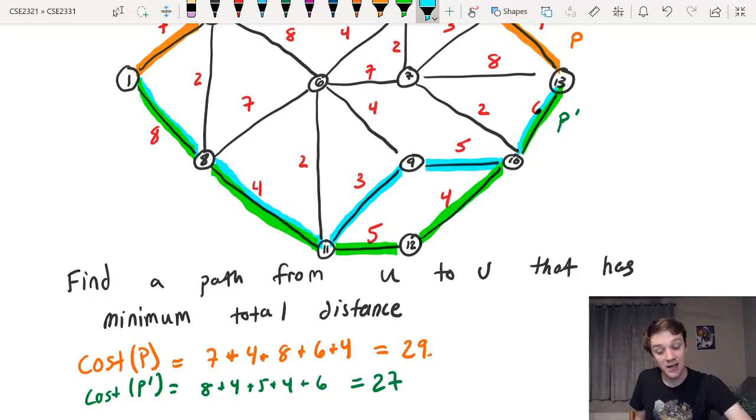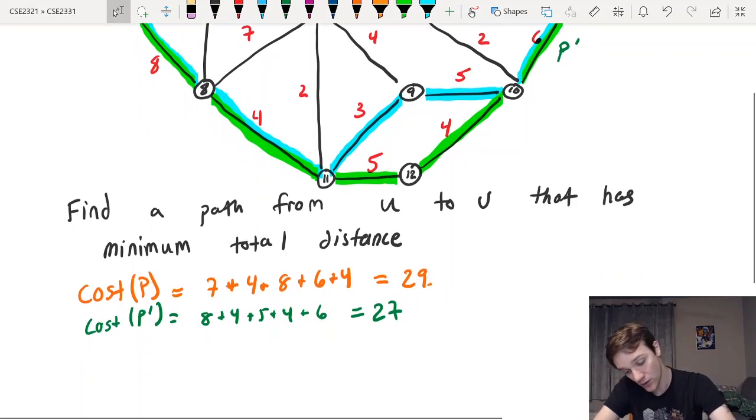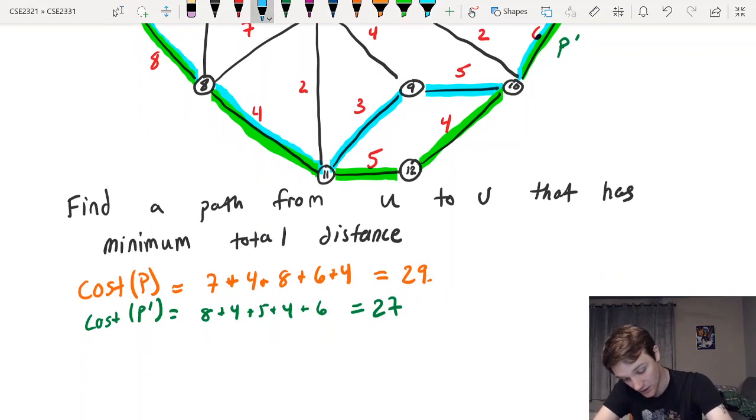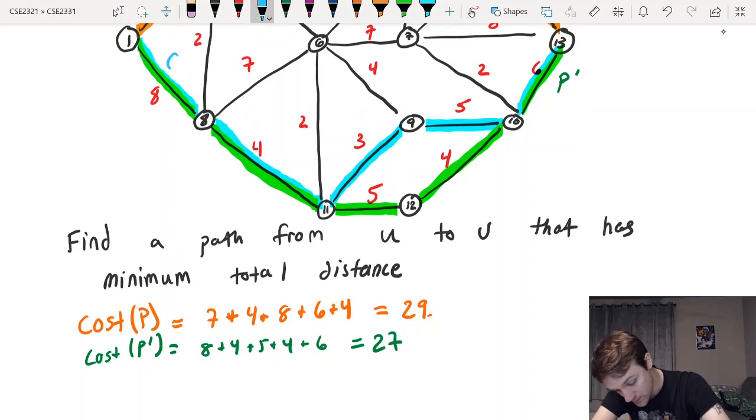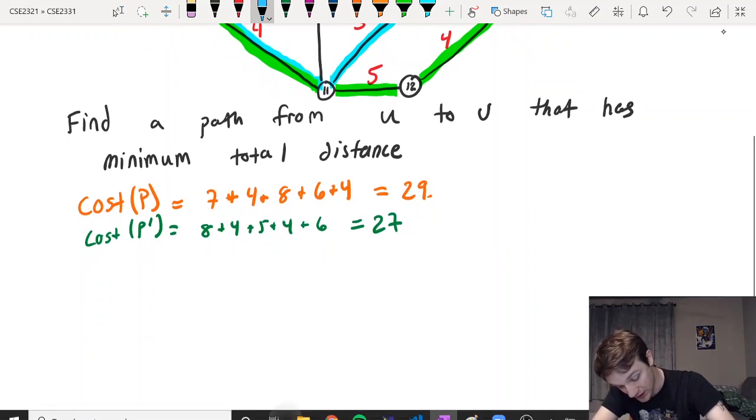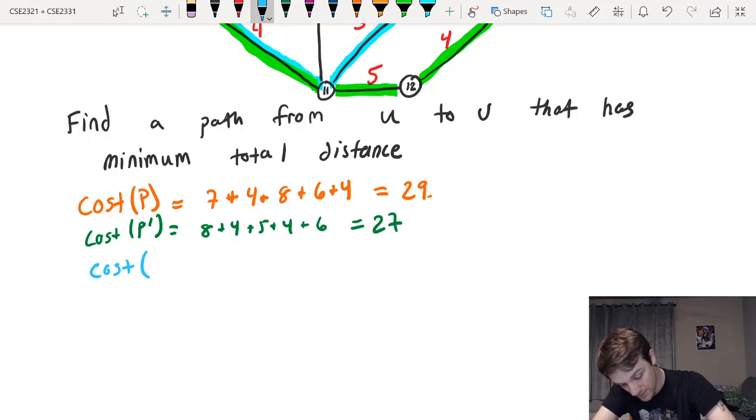We made an improvement about this rhombus-shaped structure, where the paths diverge. We went from 5 and 4 in the costs to 3 and 5, so we've reduced the cost by 1. So the cost of, let's call that path Q, is going to be the previous cost minus 1, so it's 26.